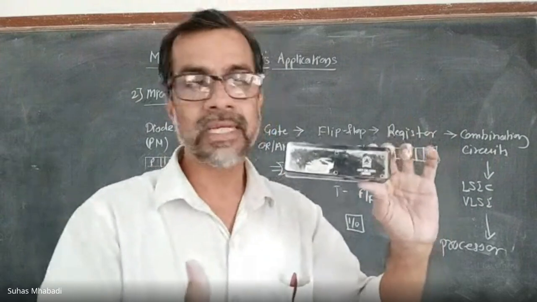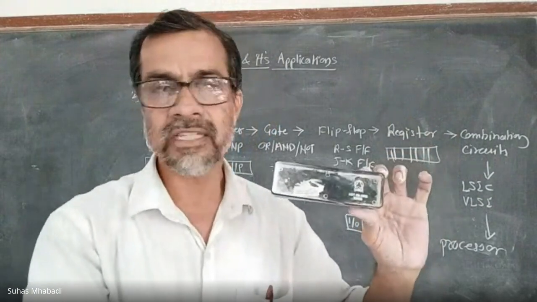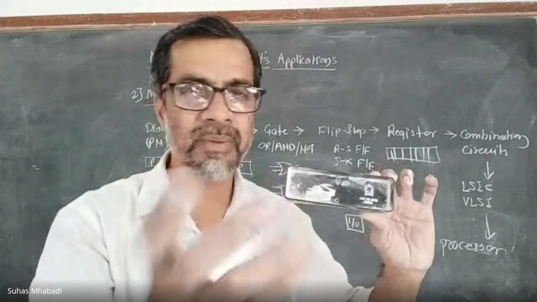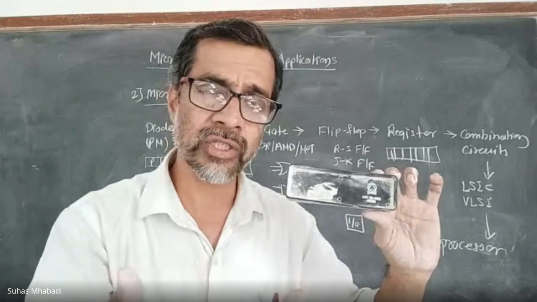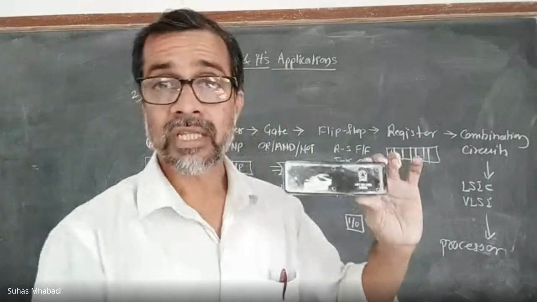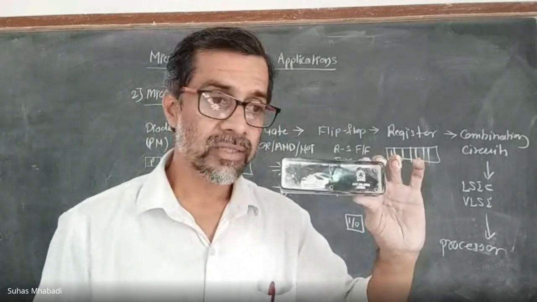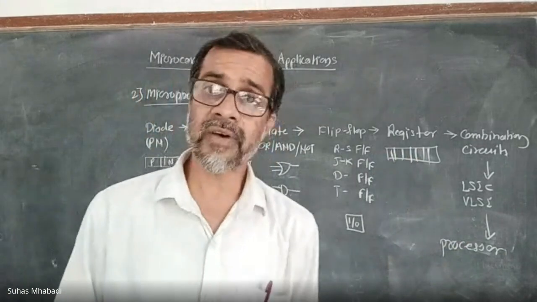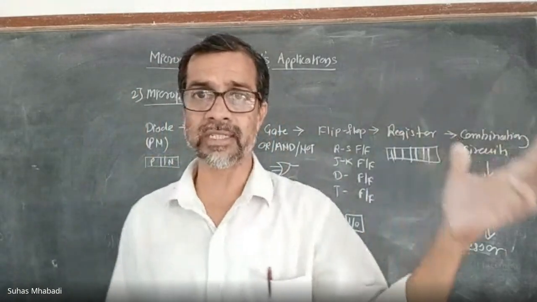But the advancement is done in such a way that every process of addition, subtraction, delete, copy, whatever it may be, requires only microseconds. Of course, the processing is done in microseconds. So this processor will be called a microprocessor because the time required will be in terms of microseconds.